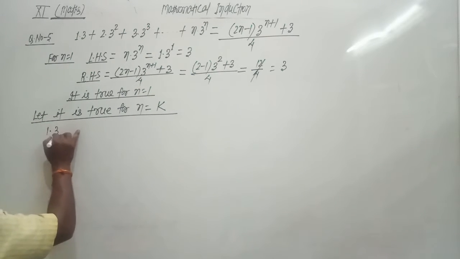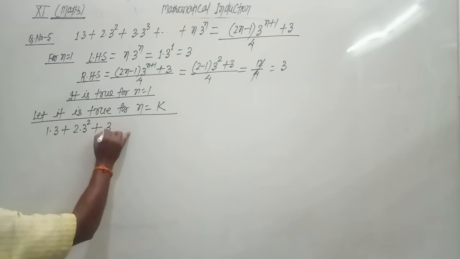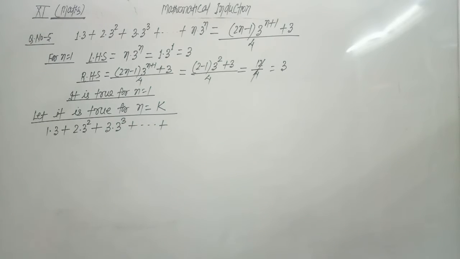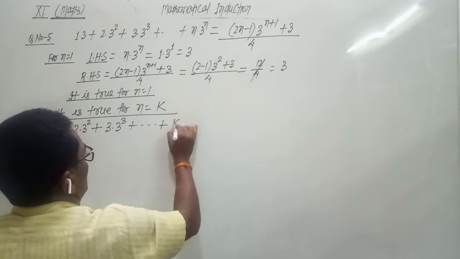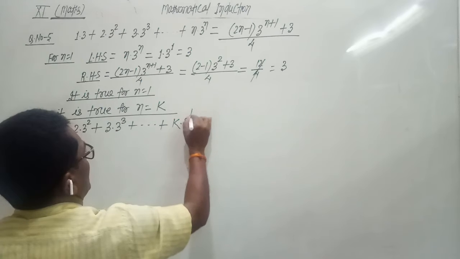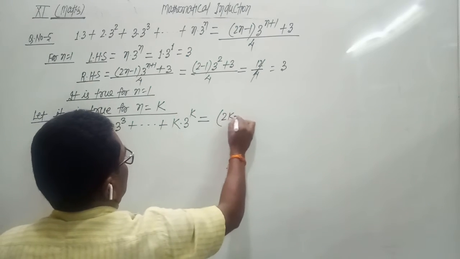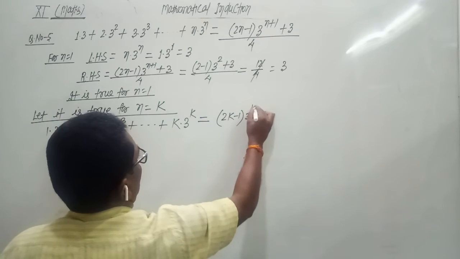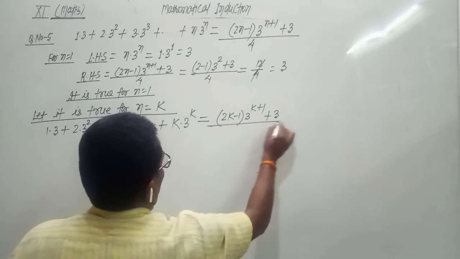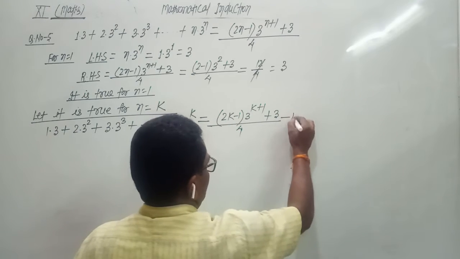So 1 into 3 plus 2 into 3 square plus 3 into 3 raised to the power 3, and so on, and in place of n we will write k into 3 raised to the power k equals (2k minus 1) into 3 raised to the power k plus 1, plus 3, the whole upon 4, and name it equation number 1.